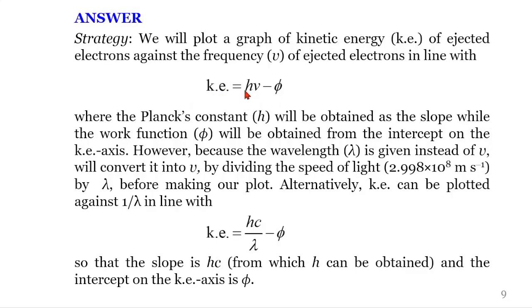Kinetic energy equal to h times v minus phi, where h is the Planck's constant, v frequency of ejected electrons, phi work function. That gives a linear graph where the intercept on the kinetic energy axis gives the work function, and the intercept on the frequency axis gives the threshold frequency.